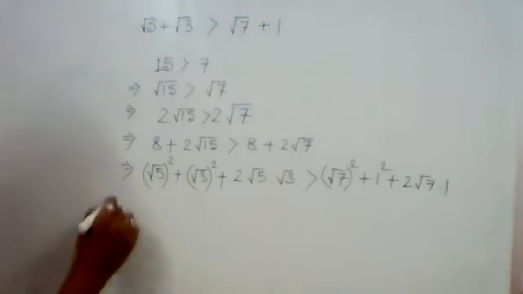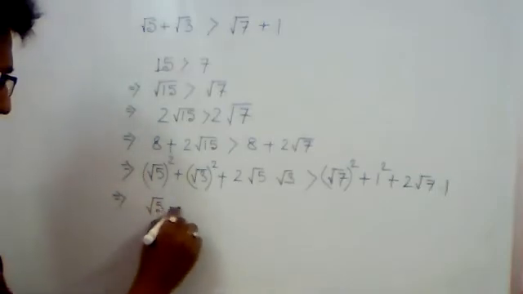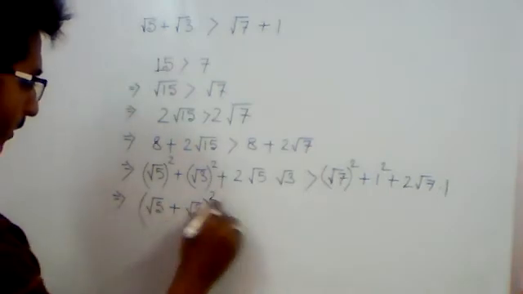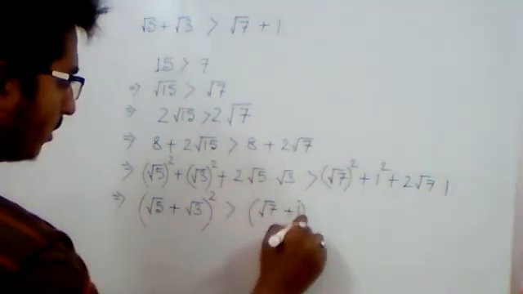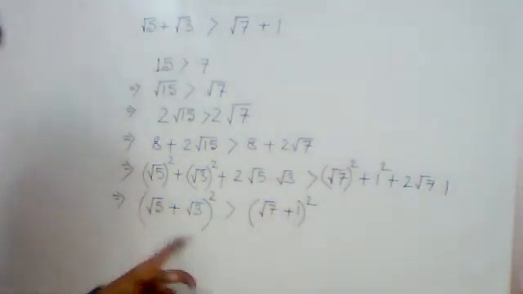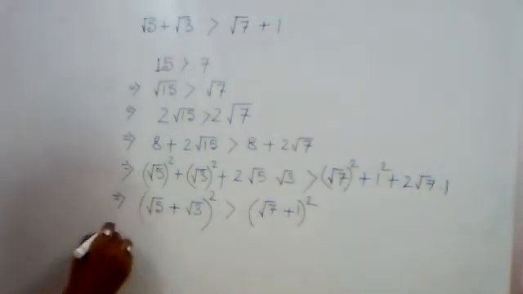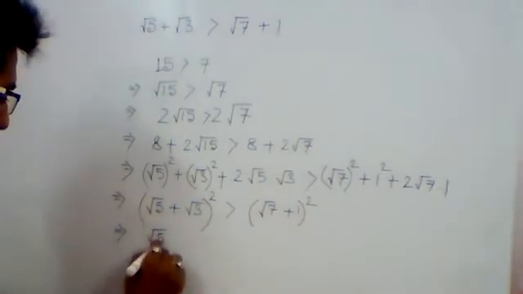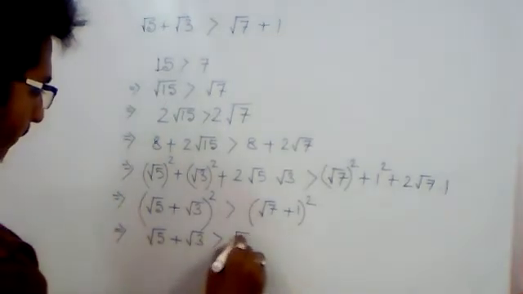So the left side can be written as root 5 plus root 3 whole square greater than root 7 plus 1 whole square. Now both of them are perfect squares and both are positive, so we can imply from this step that root 5 plus root 3 is greater than root 7 plus 1.